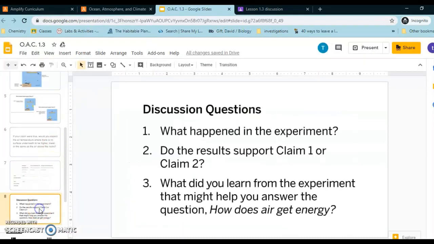So there are 3 questions here that we want to answer. One is, what happened in our experiment? 2 is, do the results support claim 1 and claim 2? And the third thing we're going to discuss is, what might we have learned from this experiment and how might it help us answer the question, how does air get energy?